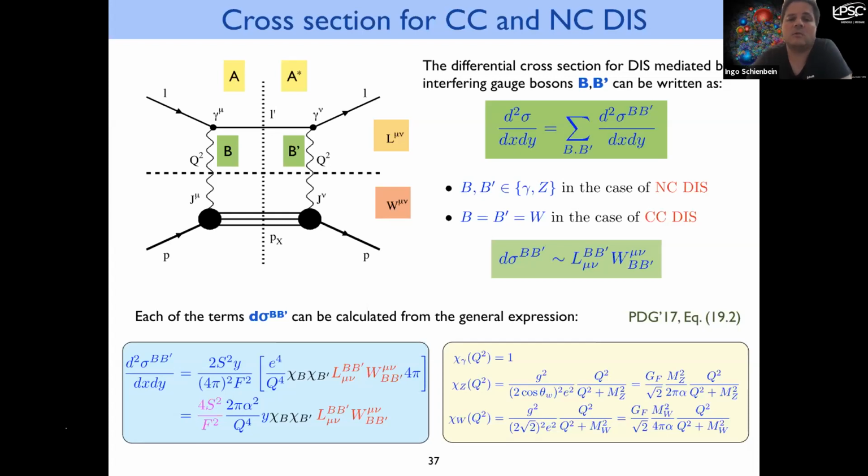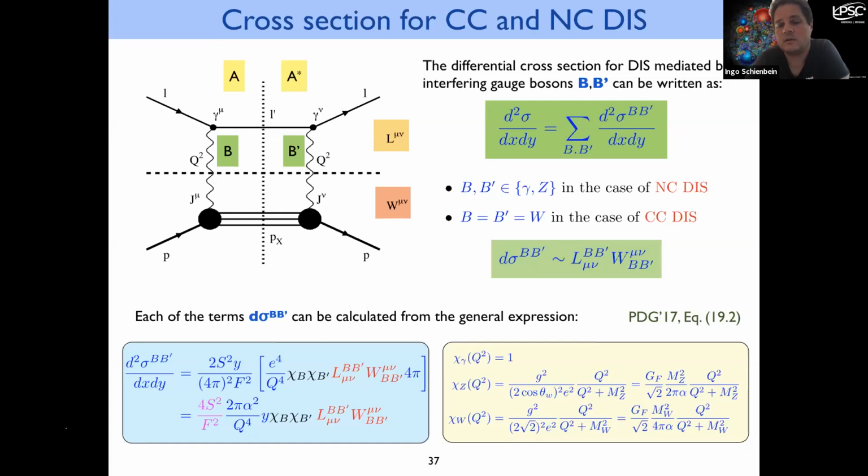It's again the contraction of the leptonic tensor with the hadronic tensor. And then you have these factors chi B and chi B prime, which take into account the difference with respect to the photon exchange case. So on the one hand, the propagator needs to be modified with respect to the photon propagator, and then the couplings need to be taken into account.